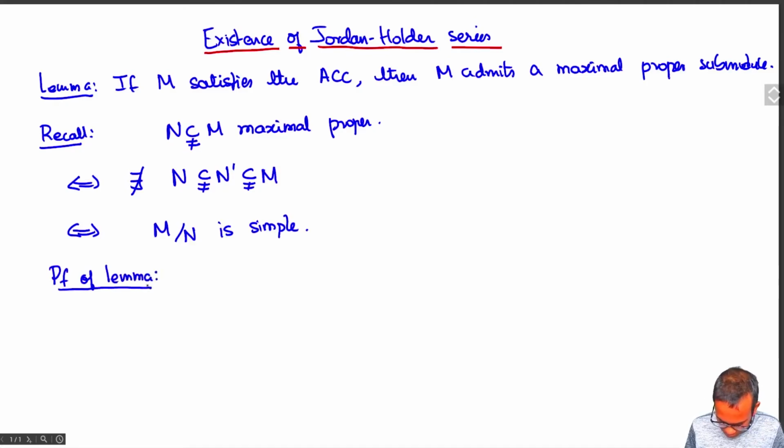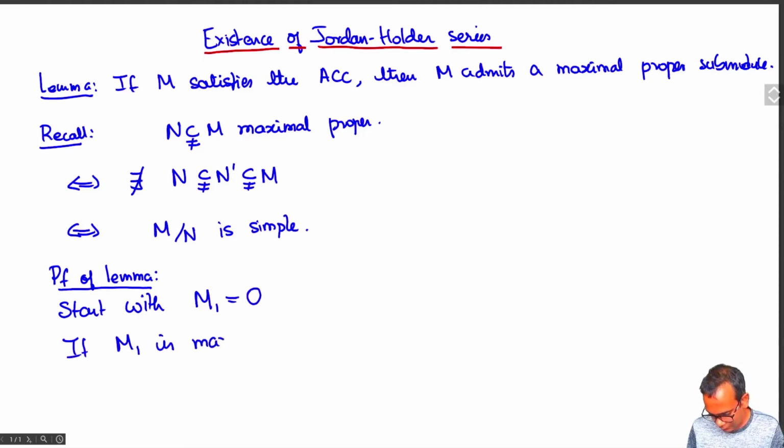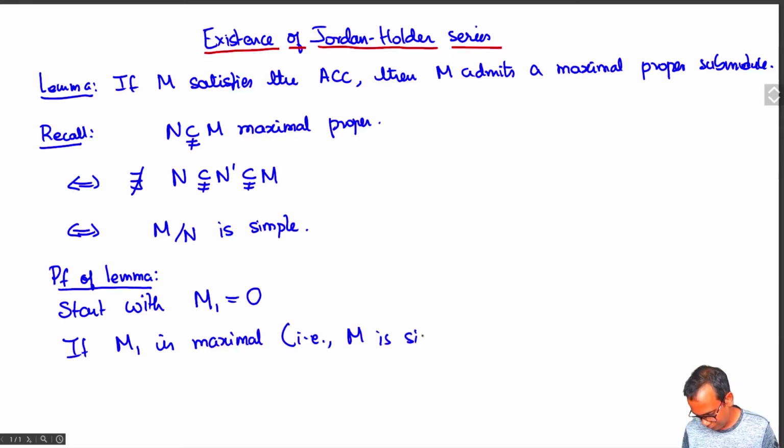So what we'll do is we'll start with M1 equal to 0. And now we'll ask if M1 is maximal, which means that M is simple. Then we are done.